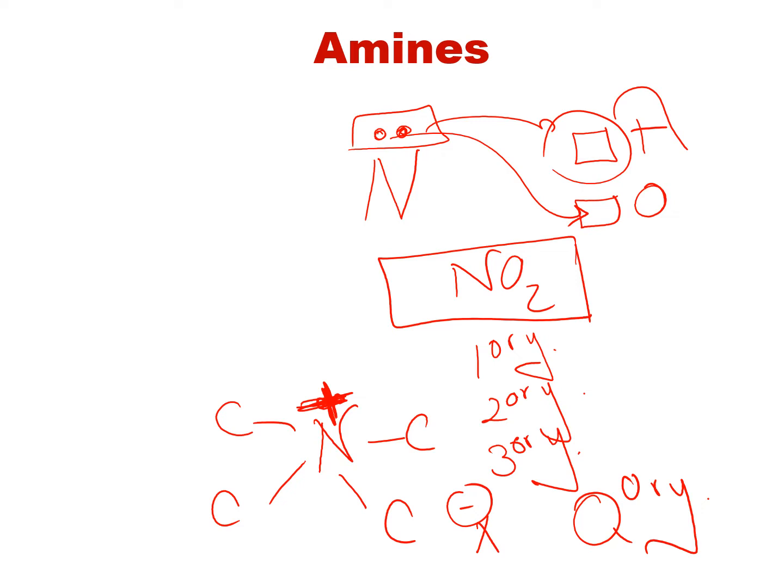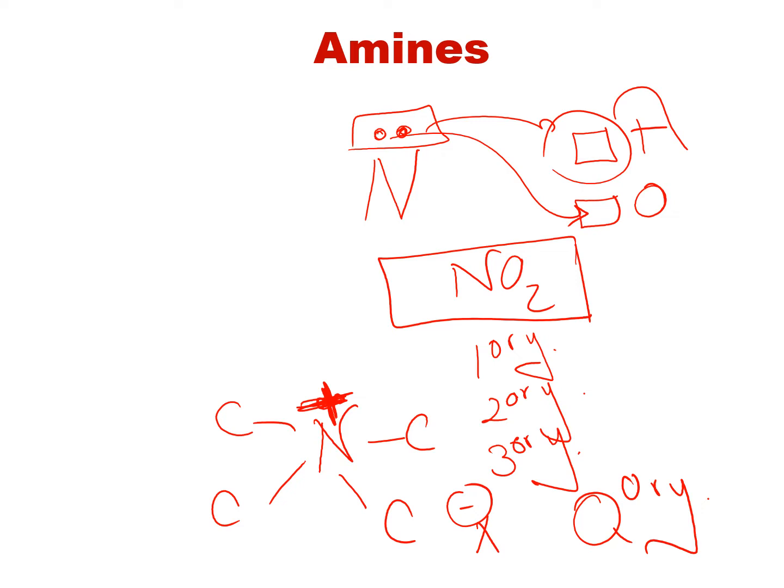It depends on the number of carbons attached to the nitrogen. Since the nitrogen is multivalent, exactly like the carbon, we actually mean what is attached to the nitrogen when we're dealing with the classification primary, secondary, and tertiary of the amines.